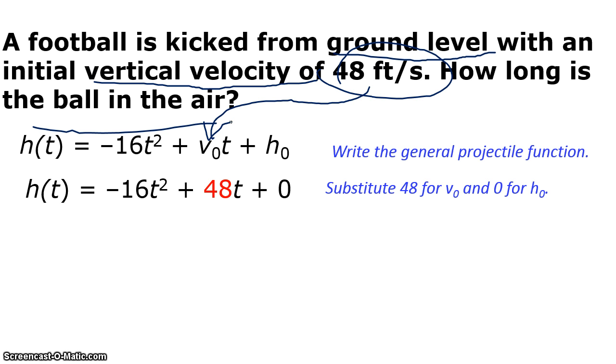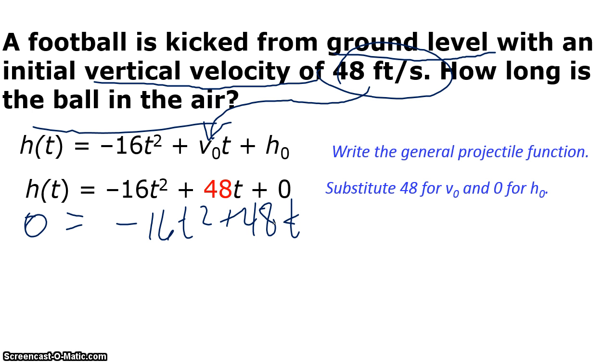Okay. We want to find the zeros because we want to figure out how long it'll be in the air. So we're going to start again at 0 and set this equal to 0 to find our second 0, because that's when it will go back to the ground. So setting this equal to 0, we would have negative 16t squared plus 48t.